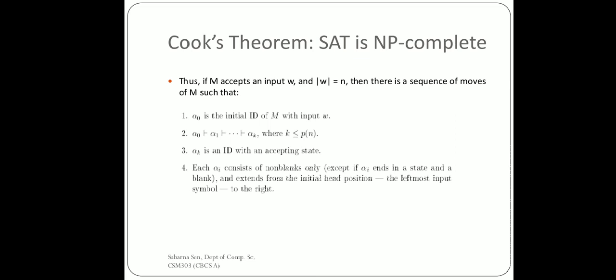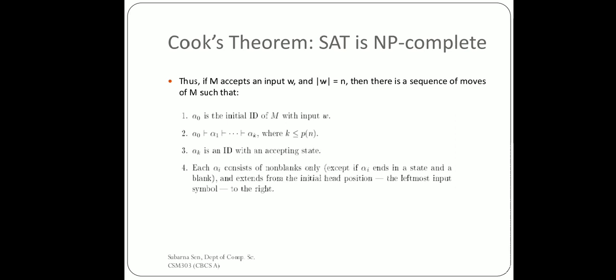Now if M accepts an input w and the length of w is n, how does this go? If we have to state the moves of the Turing machine M more formally, we have seen this kind of representation several times. Here alpha naught is the initial ID of M with input w. If you remember, an ID of a Turing machine is a combination of a state and a sequence of tape symbols.